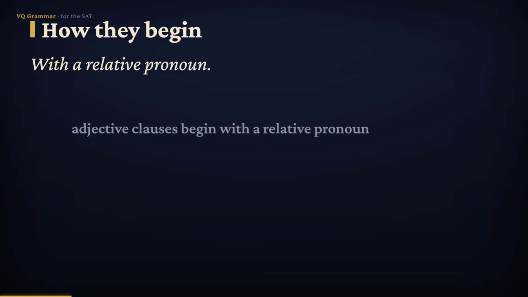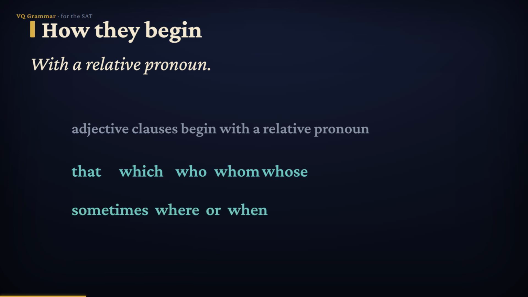So an adjective clause is a full clause with its own subject and verb, doing an adjective's job, describing a noun. Adjective clauses almost always begin with a relative pronoun. The five to know are that, which, who, whom, and whose. And sometimes an adjective clause begins with where or when. For example, the park where she saw the fox.